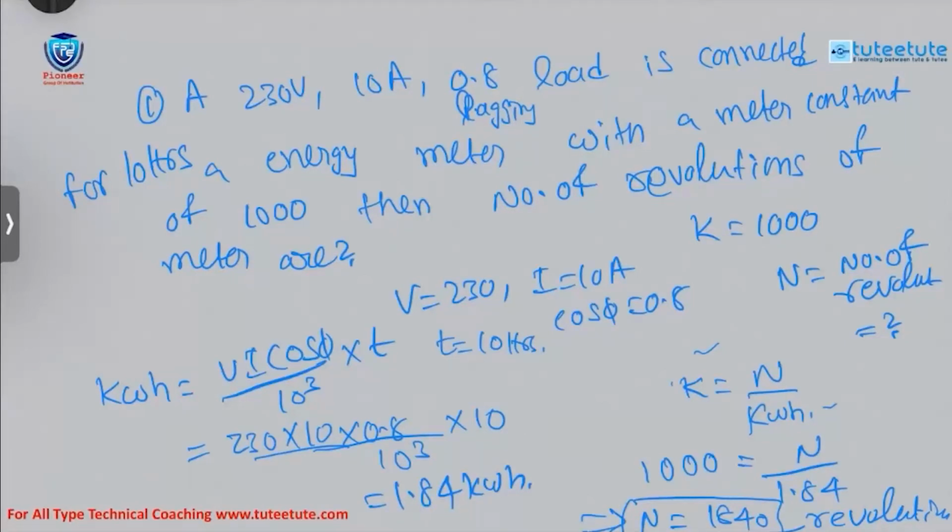In the energy meter, the problems will be like this only. They will give voltage, current, power factor, and ask for the power. Or they will give the number of revolutions and ask for the meter constant. You just remember the formulas. If you know the formulas, you can solve the question very easily.